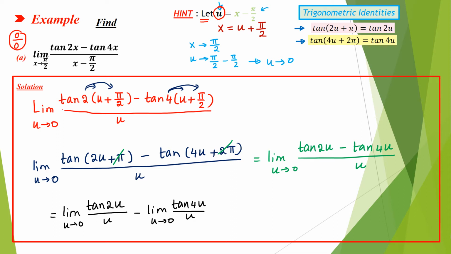For the first limit, it is 2 over 1, because we have coefficient up divided by coefficient down, and here we have 4 over 1, so we have minus 4 over 1, and 2 minus 4 equals negative 2.